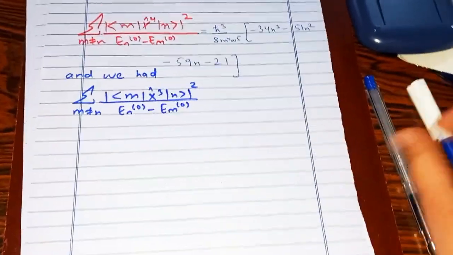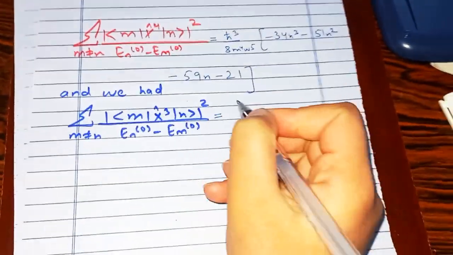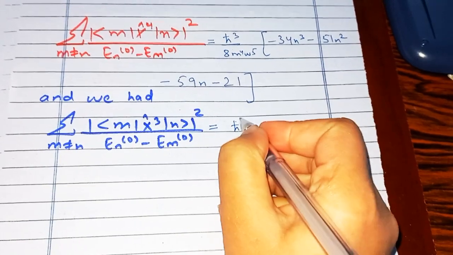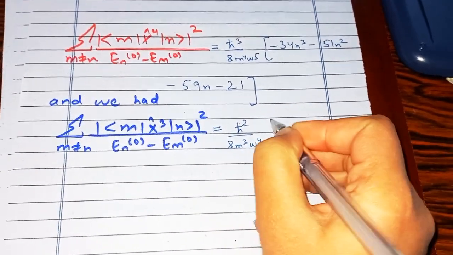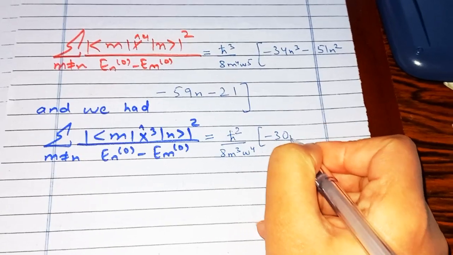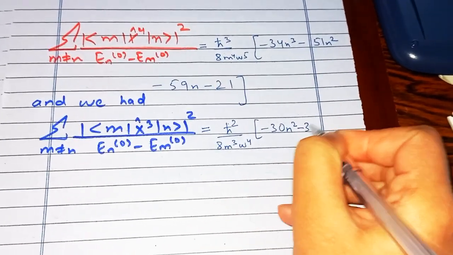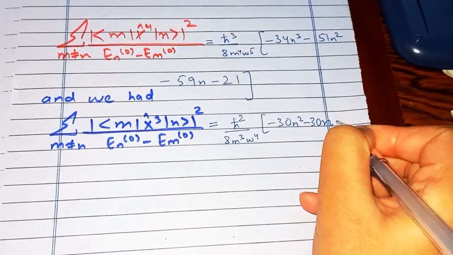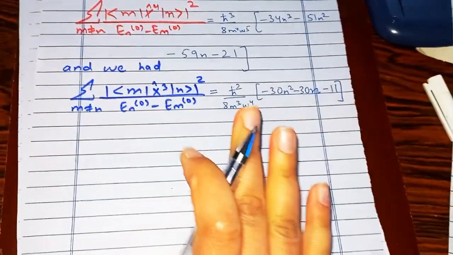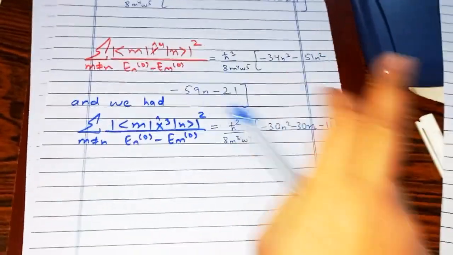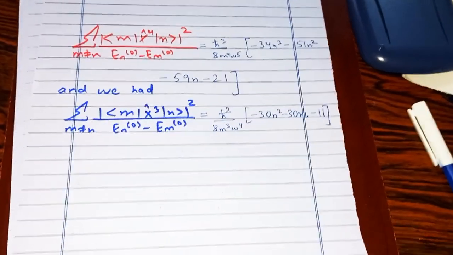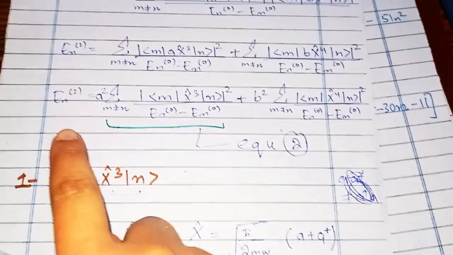So it's ħ square by 8 m cube ω⁴ times minus 30n square minus 30n minus 11. Okay, so that was this, and this is this, and let us put it right back into the equation. Here's equation number 2.